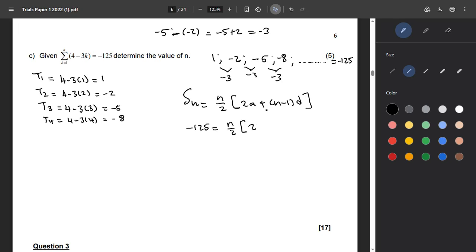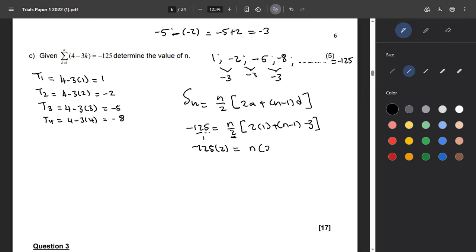And we know what a is, which is the first term of the sequence, equals 1. Therefore, we are looking for n. So I'm just going to leave the inside being n minus 1, which is multiplied by d of negative 3. Easy, right? So now let's first get rid of these 2. Remember, this is over 1. I can take the 2, multiply that, and then I'll have n outside.